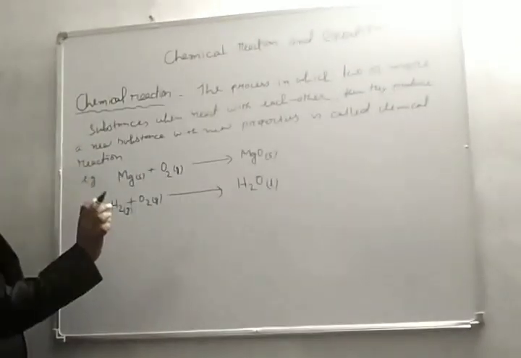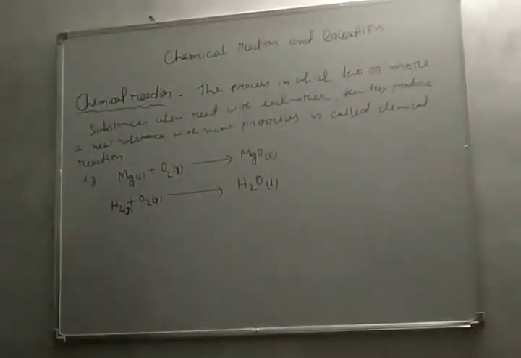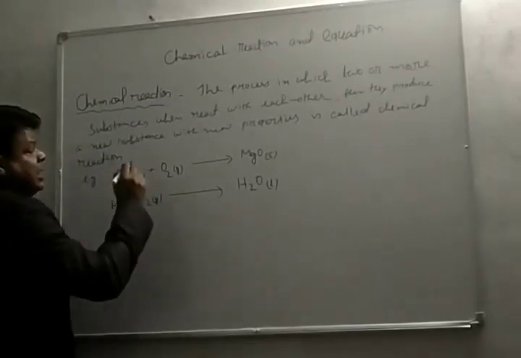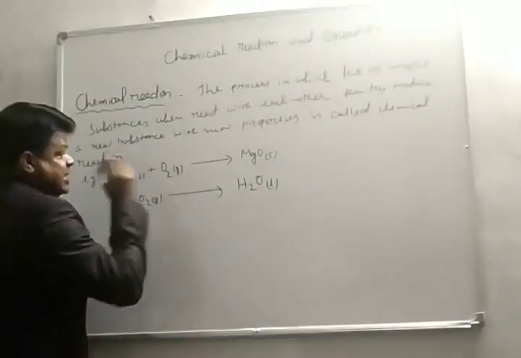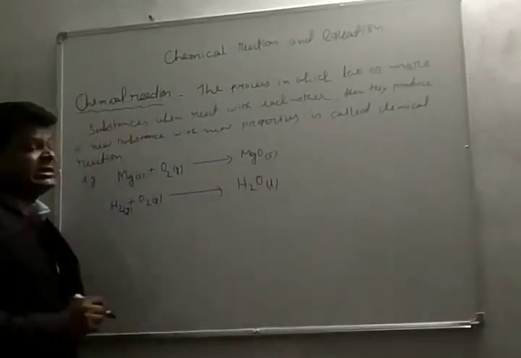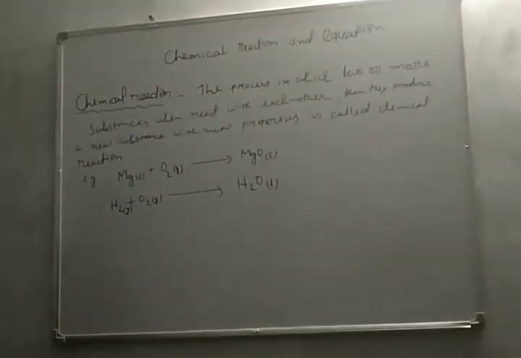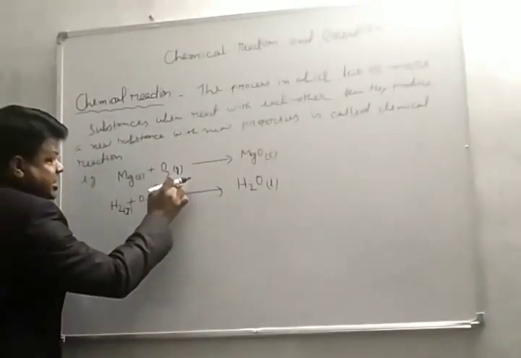You have to mention the state of matter also during a chemical reaction. When it is burned in the presence of oxygen in gaseous state, it will produce a new product called magnesium oxide with new properties. Magnesium is a metal and oxygen is a gas.